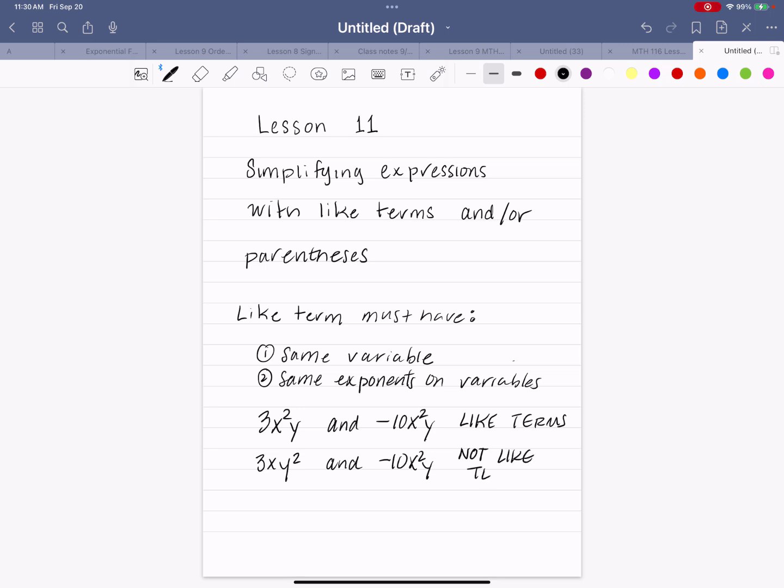Even though they have the same variables, notice you have a difference in your exponents. Here we have a y squared and here we have a y to the 1. It's understood. Here we have an x to the 1 and an x to the second, and so those don't match.